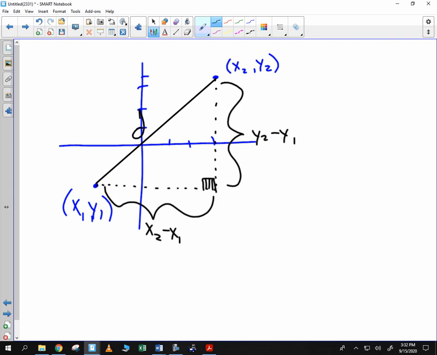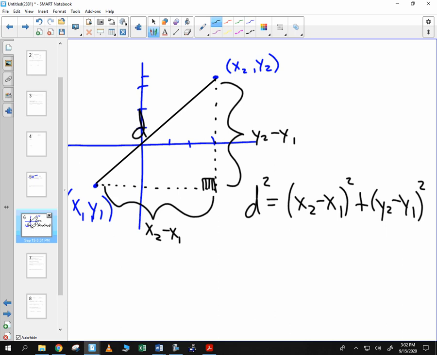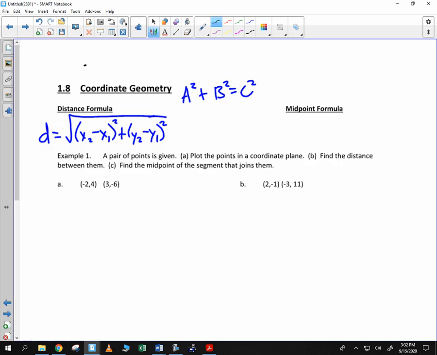And so if this is the distance, you can see that the distance squared is equal to x sub 2 minus x sub 1 squared plus y sub 2 minus y sub 1 squared. As you square up both sides, you do get this distance formula that sits right here. So the distance formula, again, is just the Pythagorean theorem.